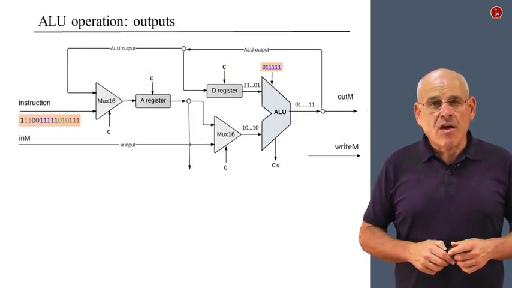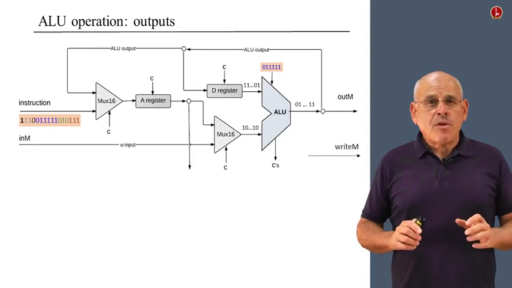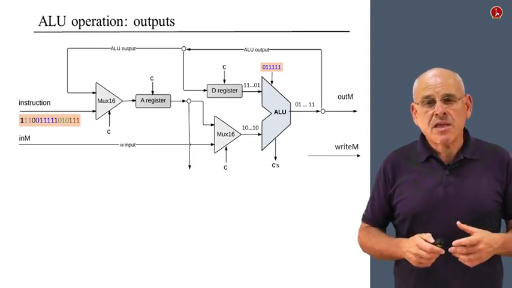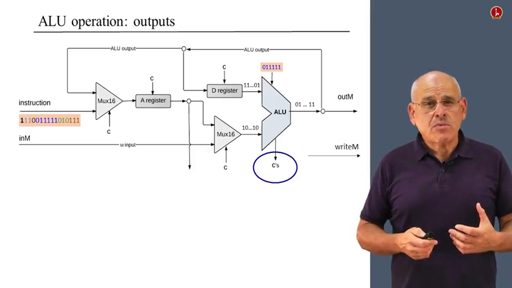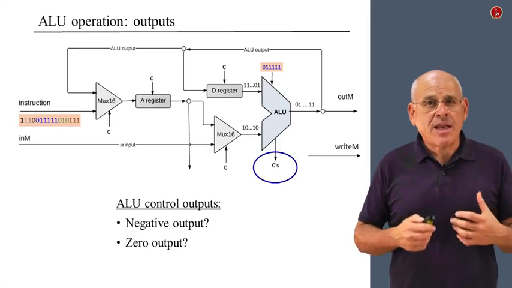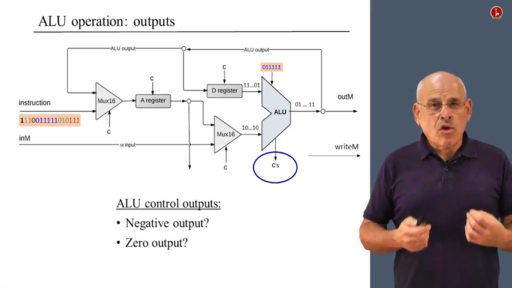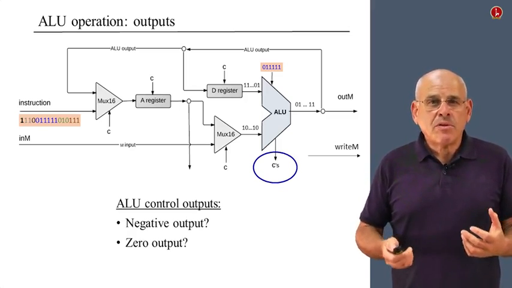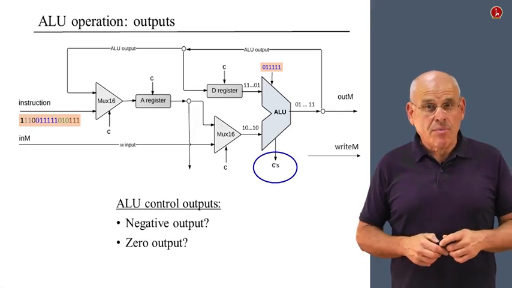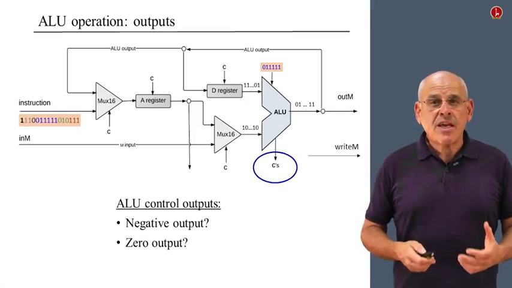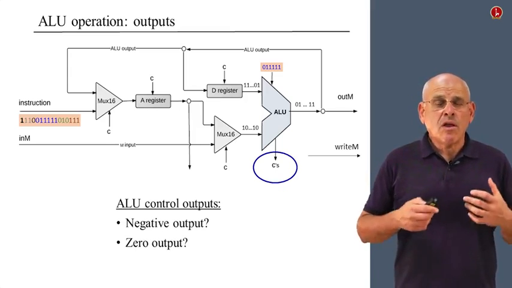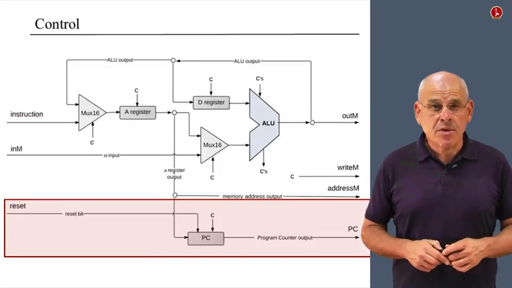All right, moving along. Another thing that we have to remember is that the ALU also computes and outputs 2 control outputs, which I think we call the ZR and NG. And these 2 control bits document whether or not the ALU output is negative or 0. And these 2 outputs play a key role in what will be described next, which is the control logic of the CPU.